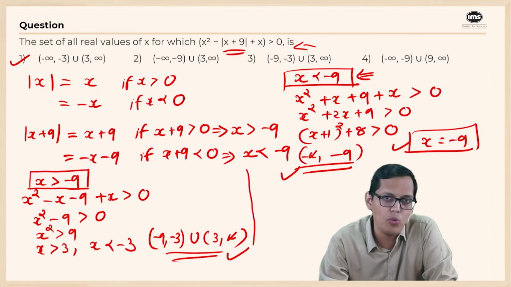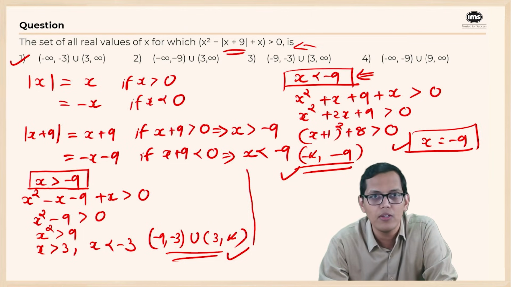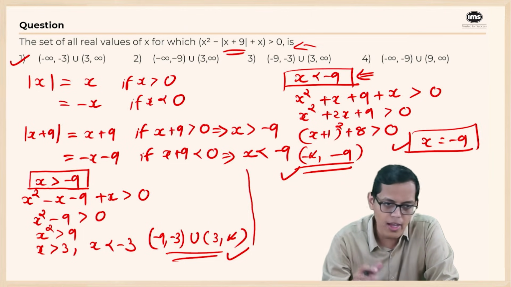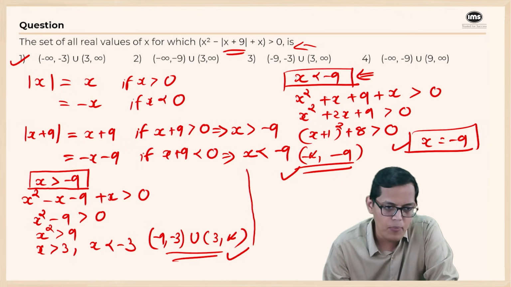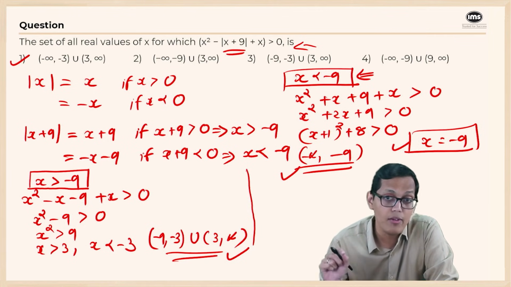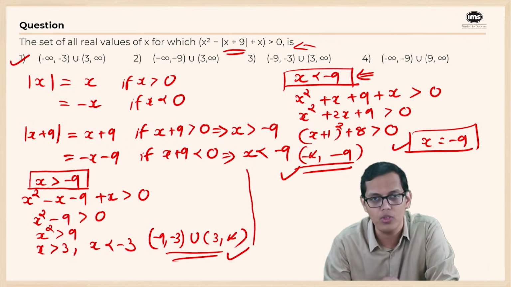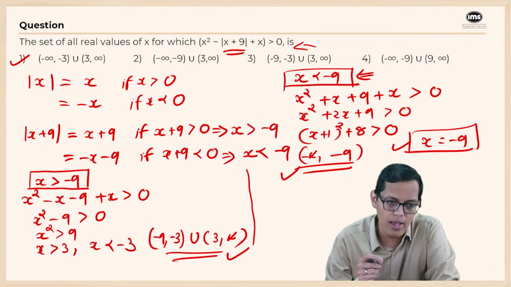In the actual exam, you might like to avoid doing this detailed solution. You should know that there are 4 options. And you can see that options 2, 3 and 4 all actually exclude -9, and the first one actually includes -9.